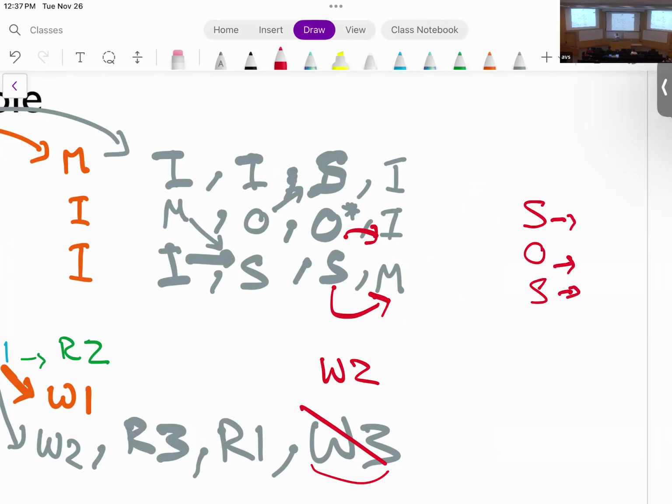Someone wants to say what happens? We fall back to M, and then what happens to the others? Yes, I. And then do we write back or not? That's your question. Typically, we do write back because it's usually easier to maintain a dirty copy that way and not split it into multiple solutions.